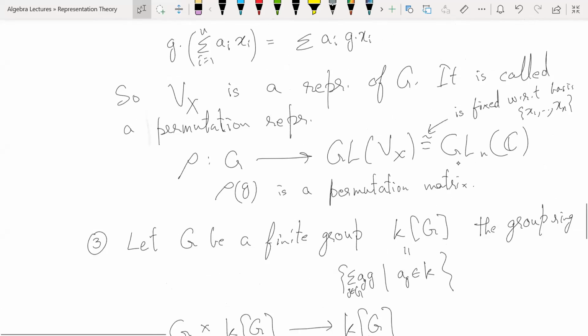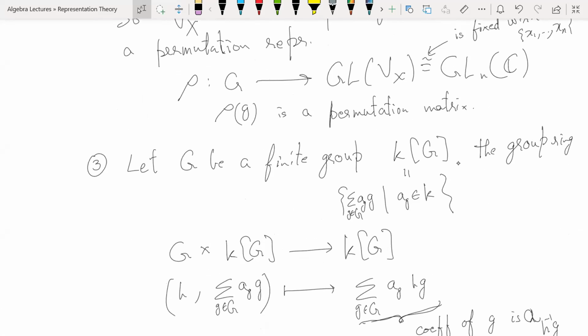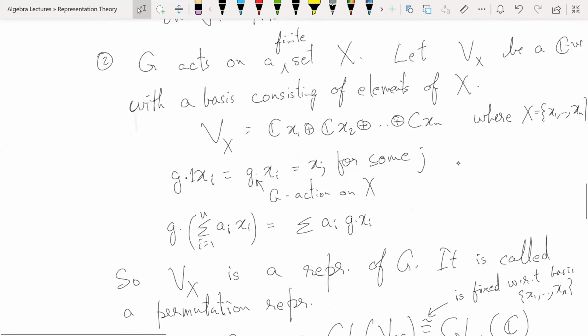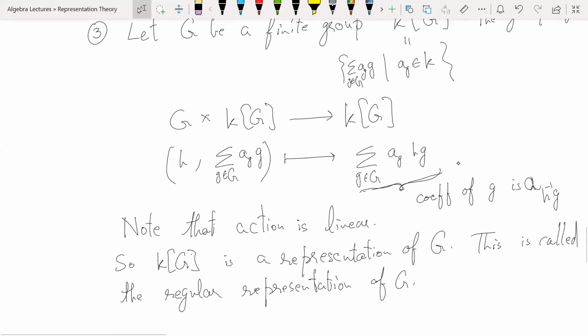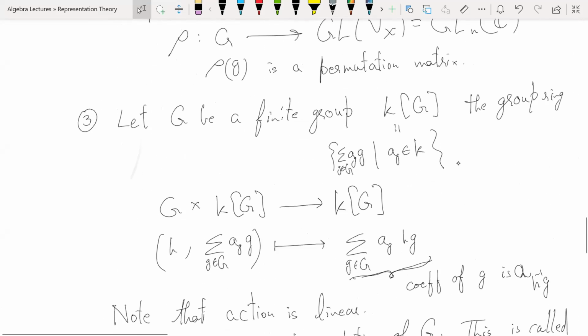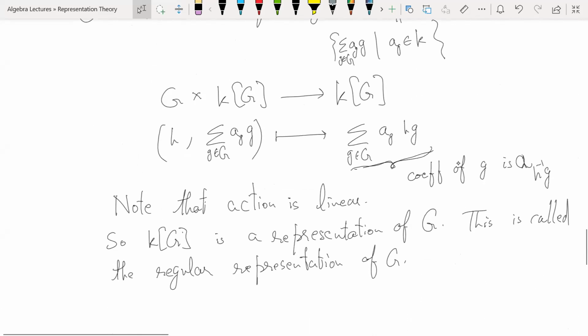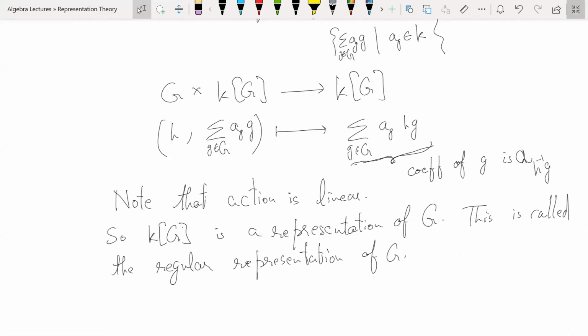So it is an example of a permutation representation as well, but a special kind, called the regular representation. As I said, every representation sits inside this. In particular, this has a trivial representation built into it as well.